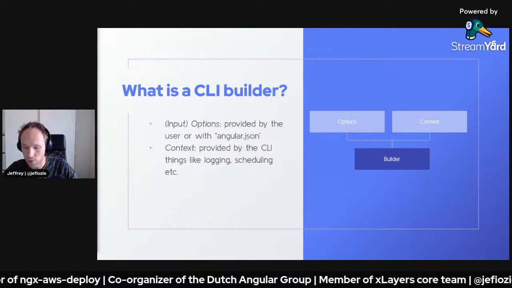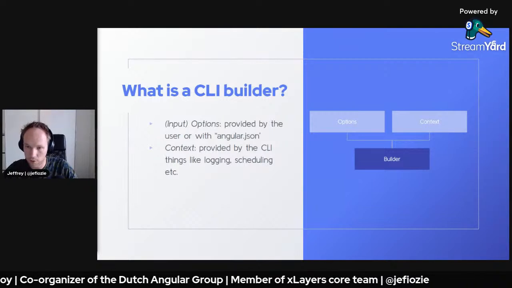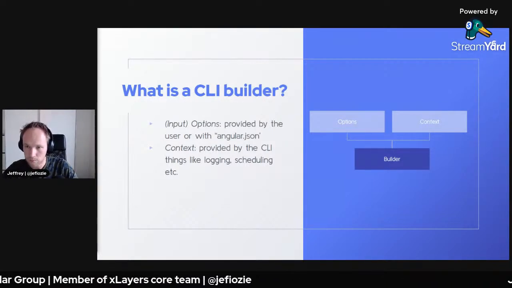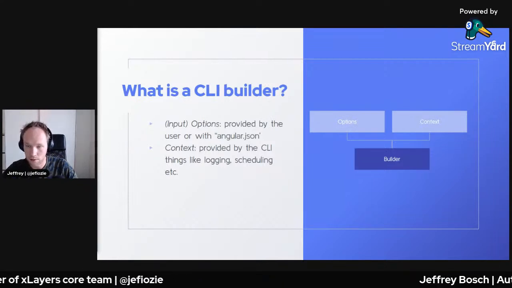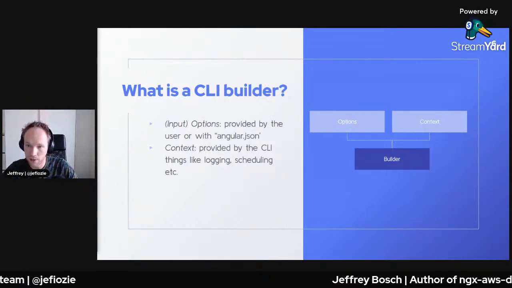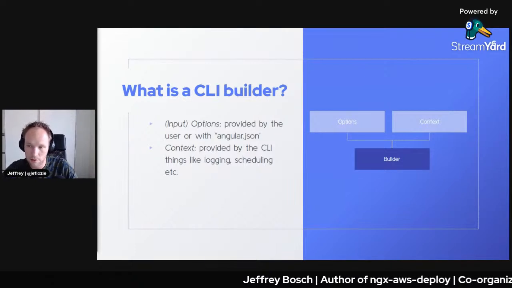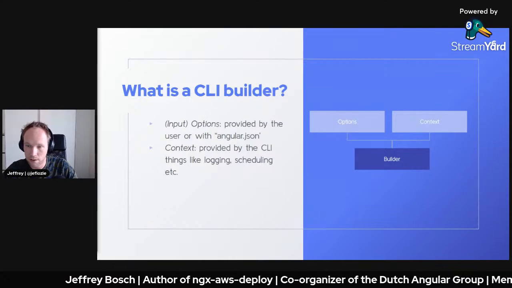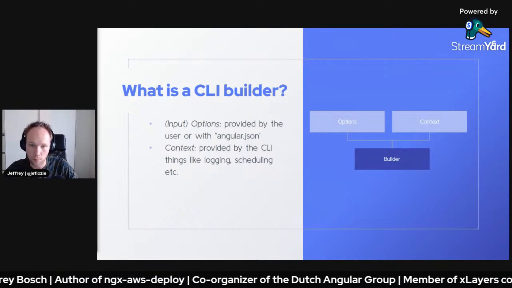For example, when you do ng build and you add --prod or --configuration, this is an option for a specific builder. And on the right, we see the context. The context is provided by the CLI. We cannot change this. This is something that's already there, but we can use it. And what you can find here is things like logging or scheduling other builders.